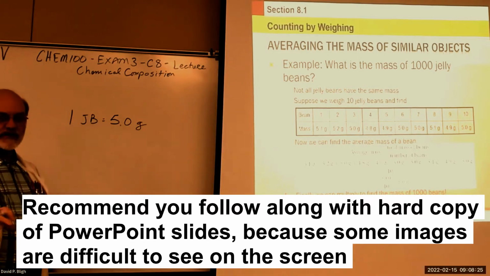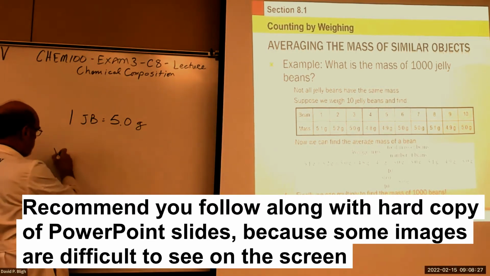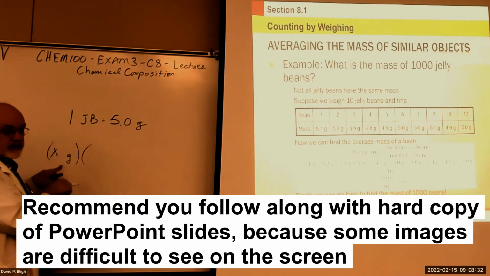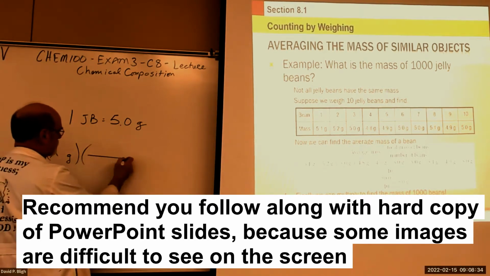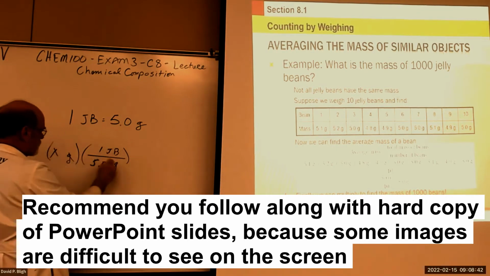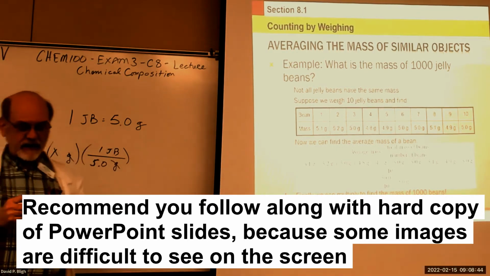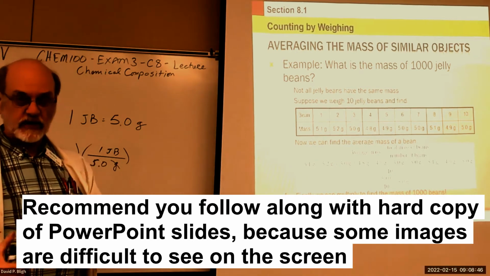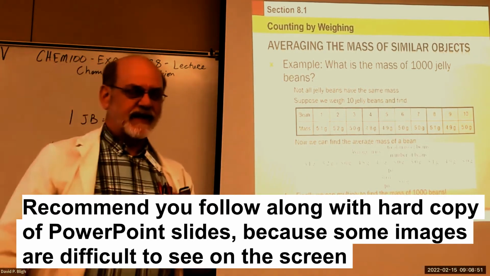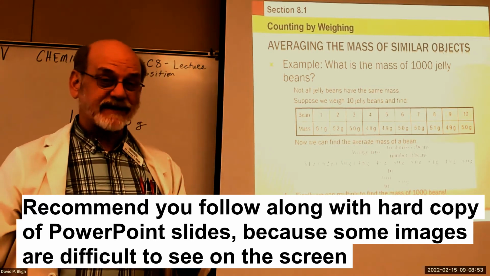So if we have a mass of anything, X grams over here, and that has to be the mass of jelly beans, of course, then we put the grams on the bottom and the jelly beans on top. Grams cancel, and we find out how many jelly beans there are total. Now, that's not what we would call an exact number.